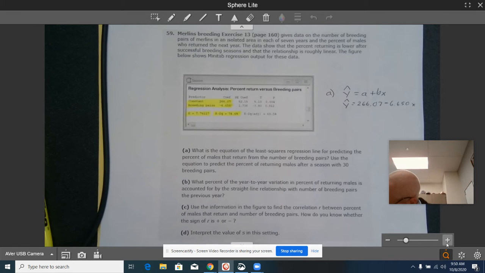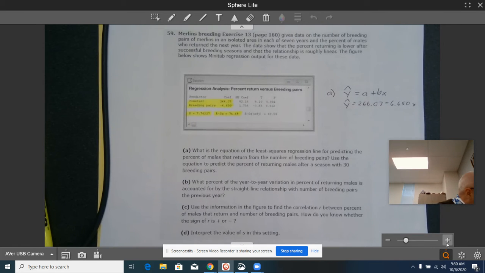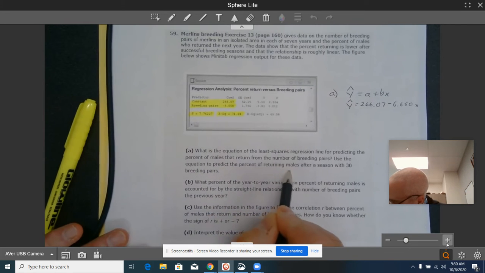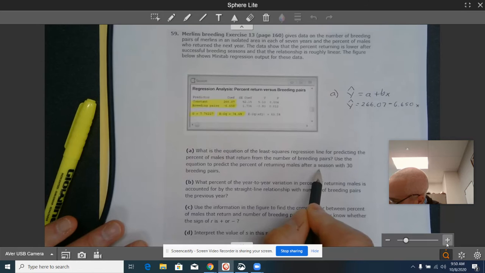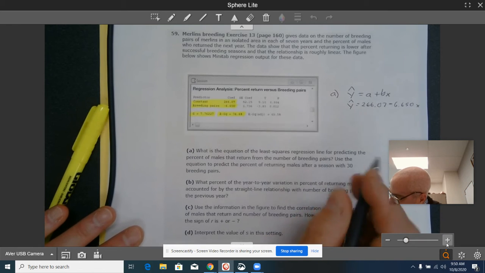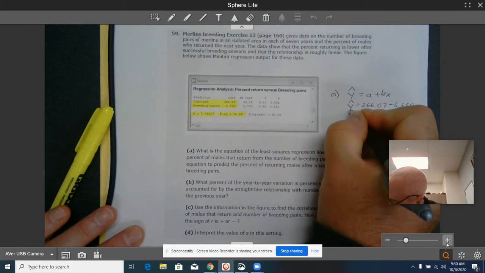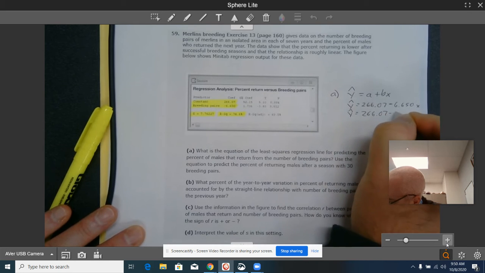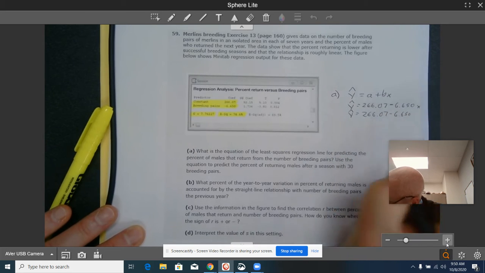And x stands for the number of breeding pairs, and y stands for the response, the percent of males that return the next year. Then we also had to use the equation to predict the percent of returning males after a season with 30 breeding pairs. So into y hat we put 266.07 minus 6.650 times 30.